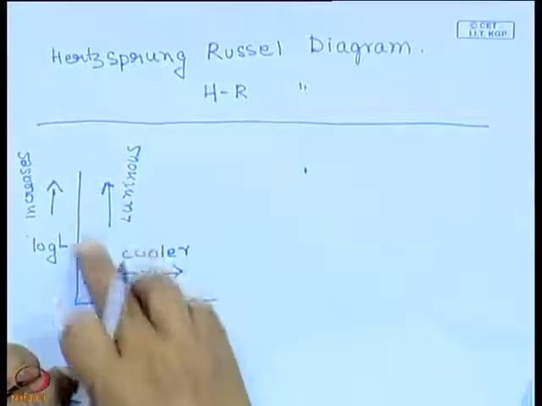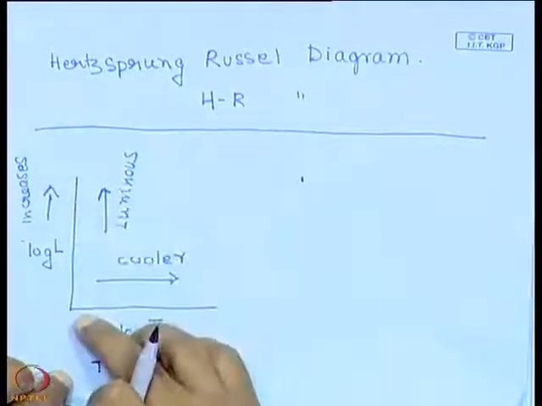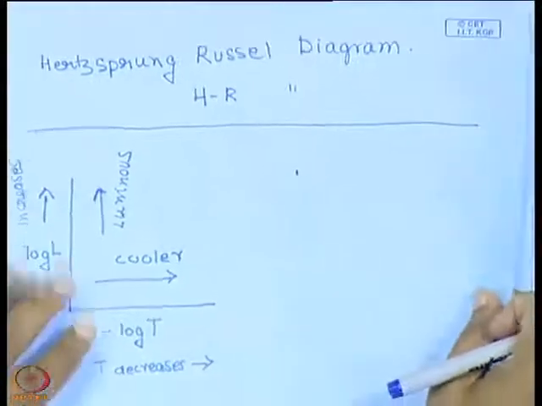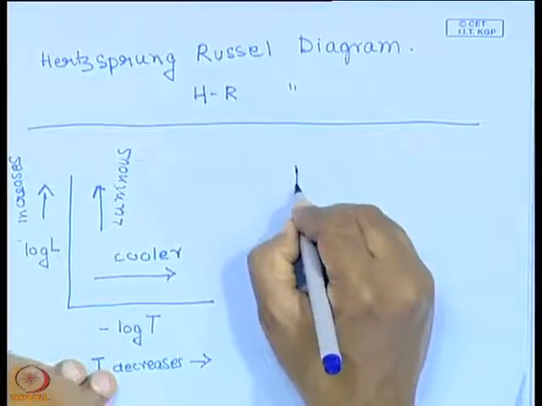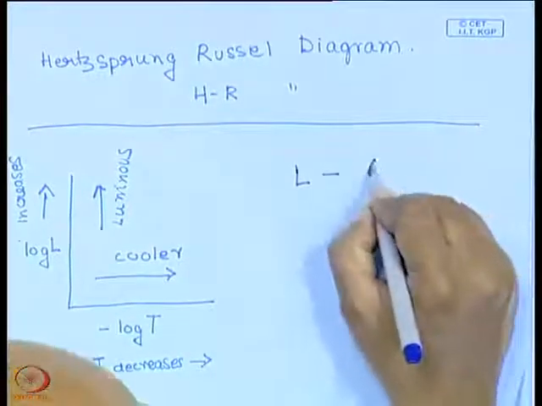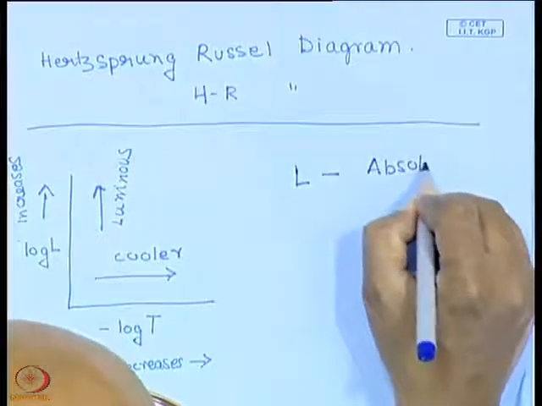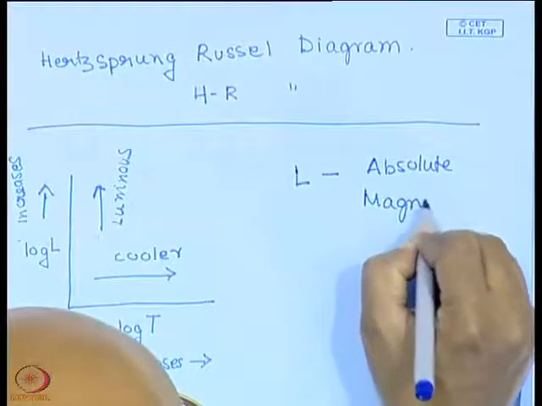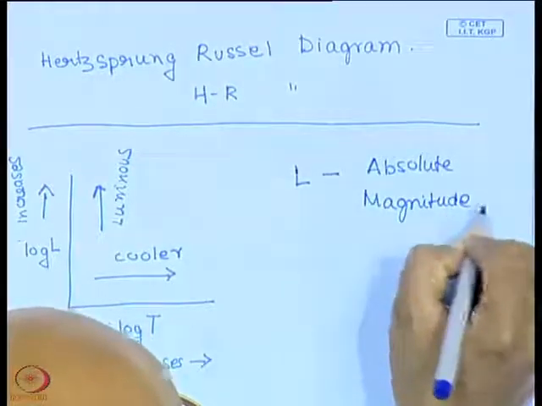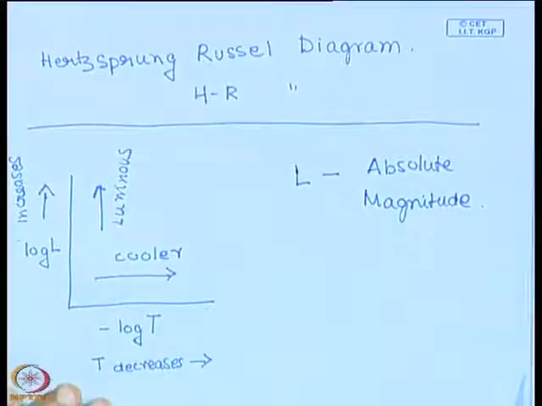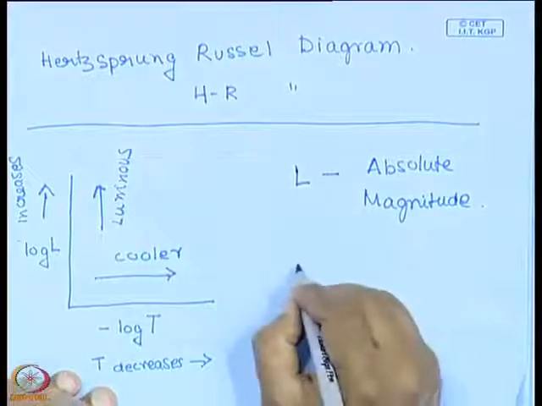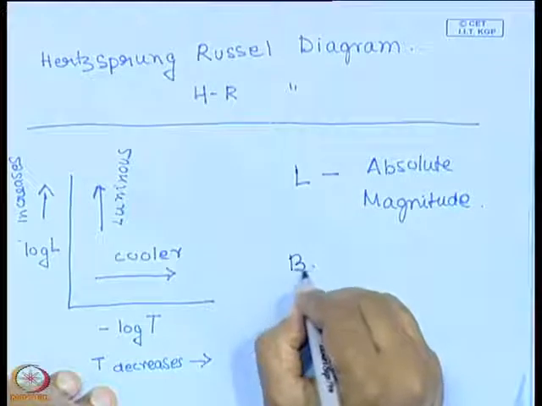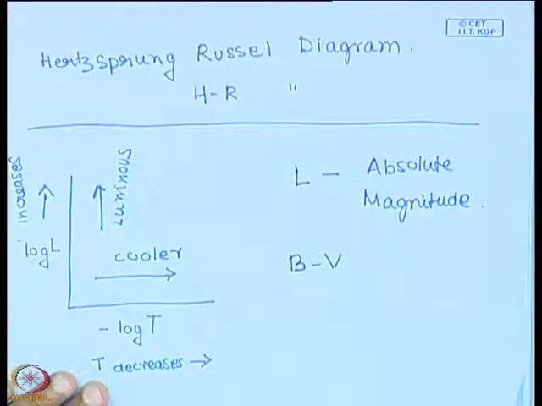So, the sense over here remains intact. Okay. So, the luminosity is observationally quantified through the absolute magnitude, the logarithm of the luminosity, and the temperature, I have told you, is observationally quantified through the color. So, you could use the B minus V color, for example.